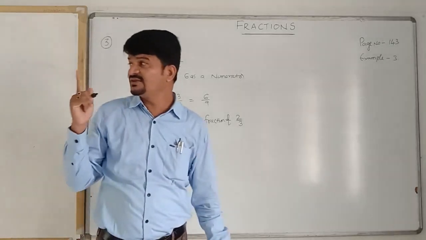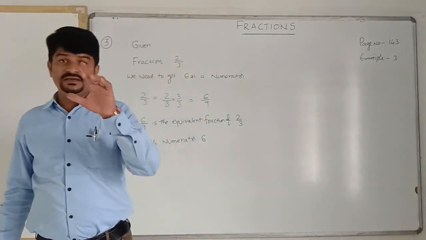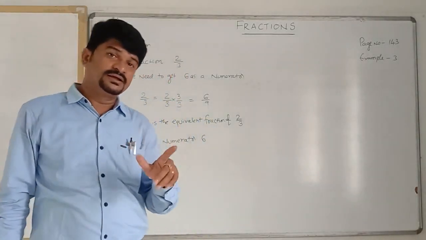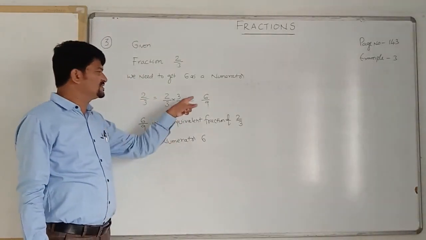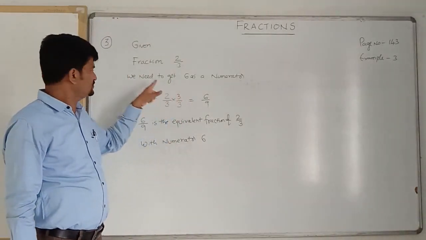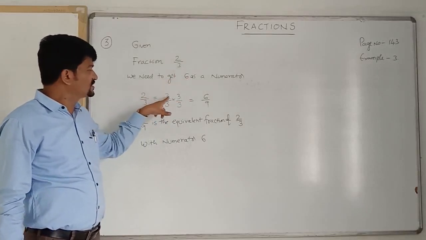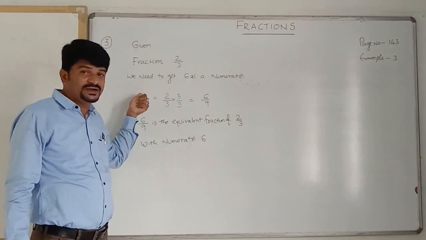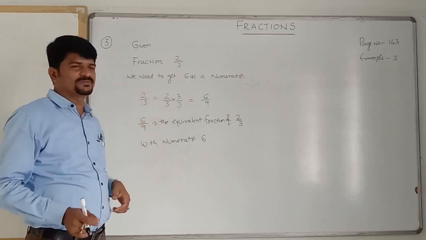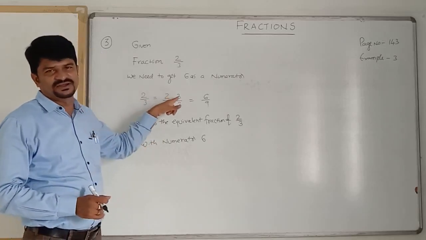Here a condition is given. He asked to find 6 as numerator. That is why we multiplied with 3. Why? Because this 6 should come from 2. 2 3s are 6. Why? Because with 2 we have divided. That 6 must be in the numerator place. That is why we must divide with the numerator only.